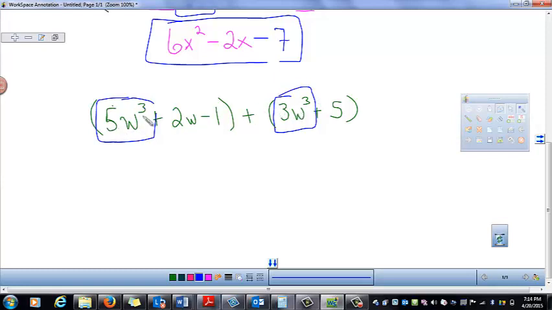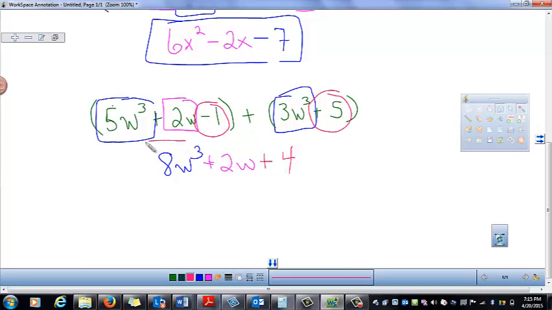So I have 5W cubed and 3W cubed. So I get 8W cubed. My next one is 2W. With 2W, I don't have any other W's. So it just becomes plus 2W. Because there's nothing else to go with it, so you just copy it down. The last one I have a minus 1 and a plus 5, so that becomes plus 4. And it's all done, because they're all different, so you can leave it like that.